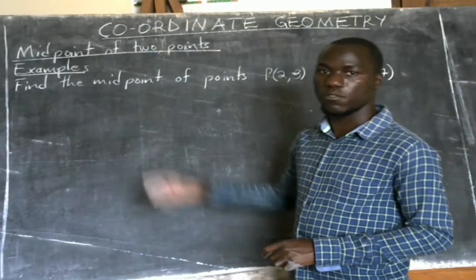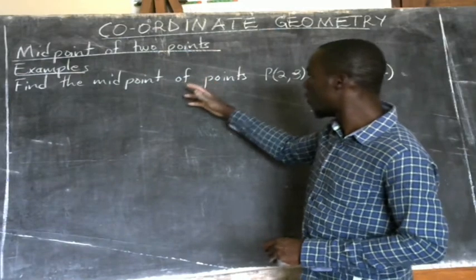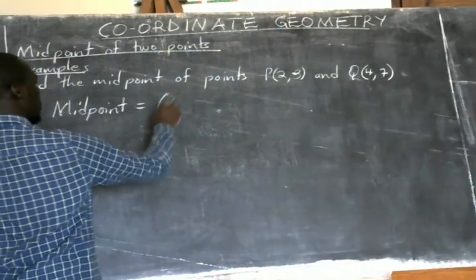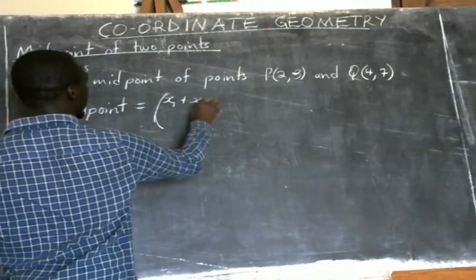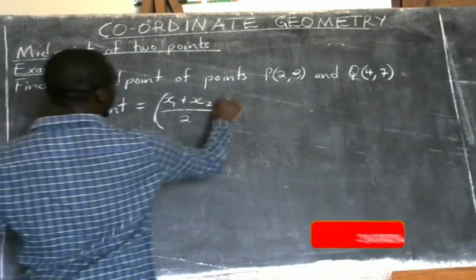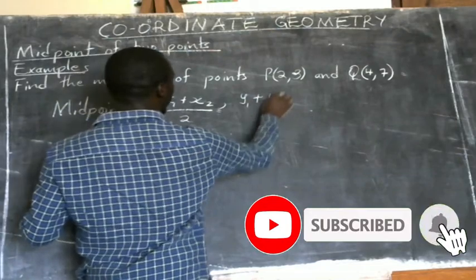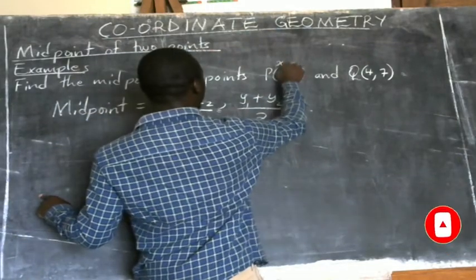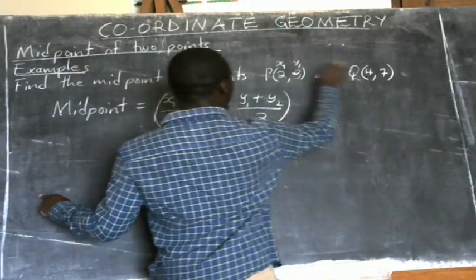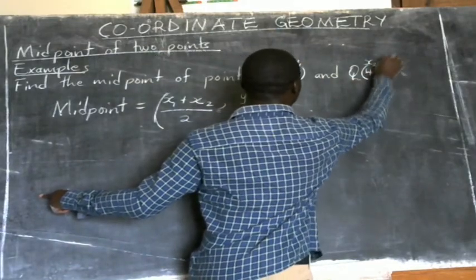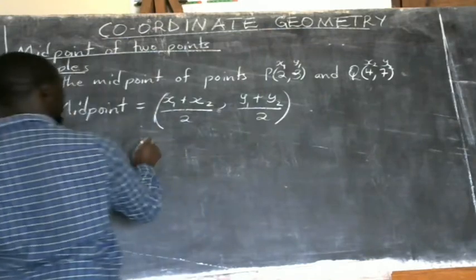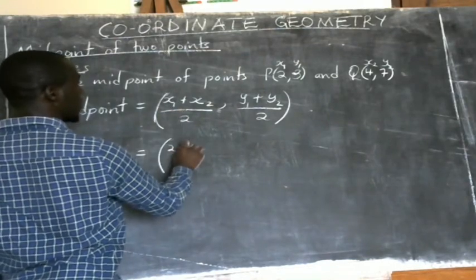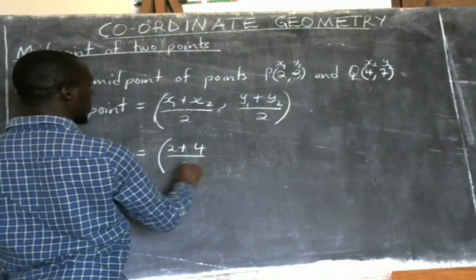Example 1, find the midpoint of points P and Q. The midpoint is given by x1 plus x2 divided by 2, then y1 plus y2 divided by 2. I nickname these x1, y1, x2, y2, then substitute. X1 is 2 plus x2 is 4, divided by 2.